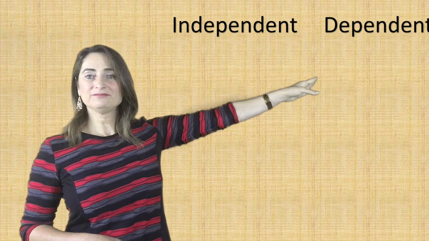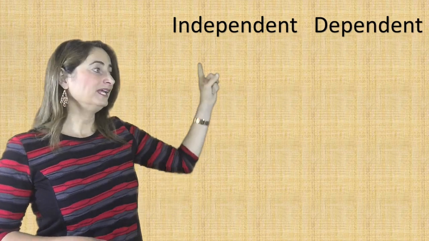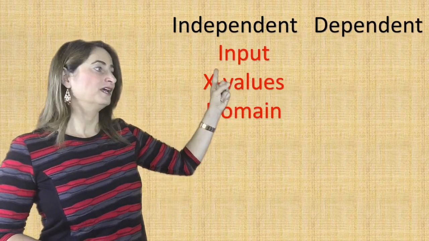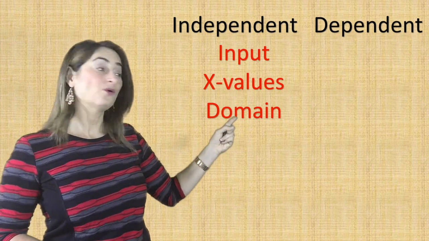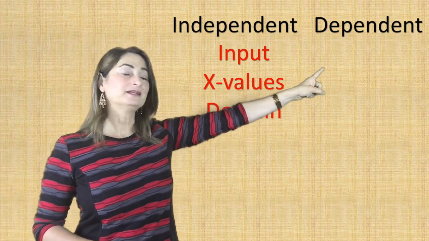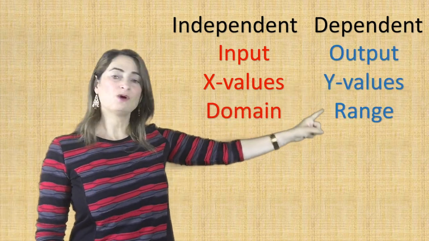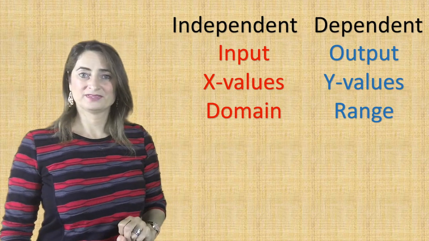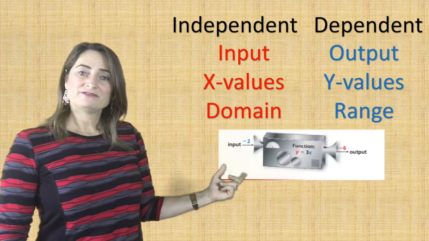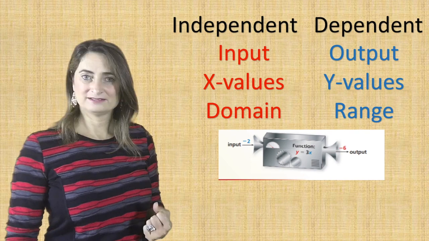I will add 2 more vocabulary words for this lesson, and I know you heard them before. Independent, dependent. Independent is the same as the input, x values, or the domain. Dependent is the same as the output, y values, or the range. Do you remember the function machine from last year?